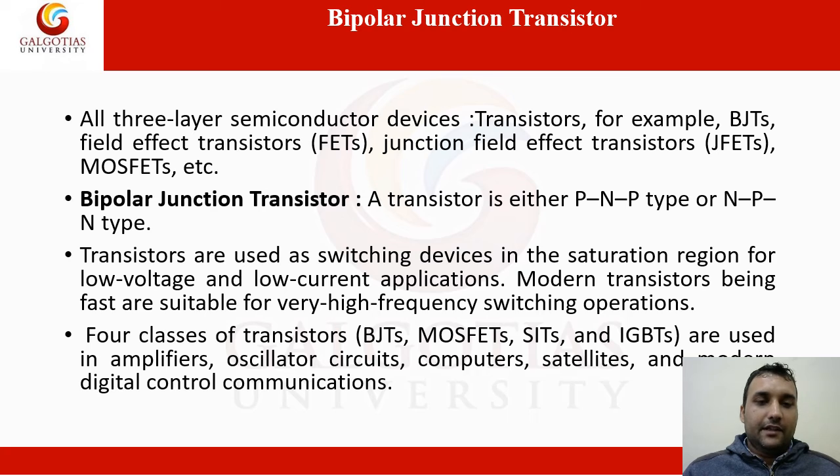Transistors are used as switching devices for low voltage and low current applications. The modern transistors, being fast, are suitable for very high frequency switching operation. The four classes of transistors, BJT, MOSFET, SIT, and IGBT, are used in amplifiers, oscillator circuits, computers, satellites, and modern digital communication.